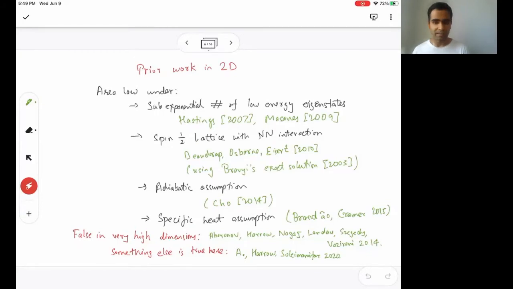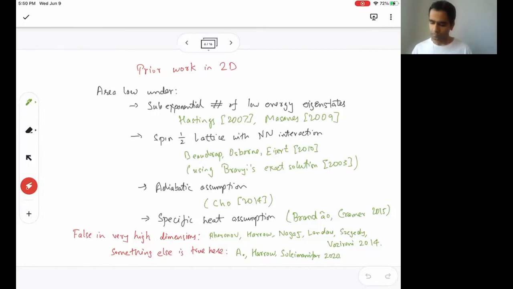It will feature again in one of the future slides. And recently we showed that although the area law is false in this high dimensional system, something else holds, which talks about these ground states. So this is a bit of background on 2D and beyond, how things work there.